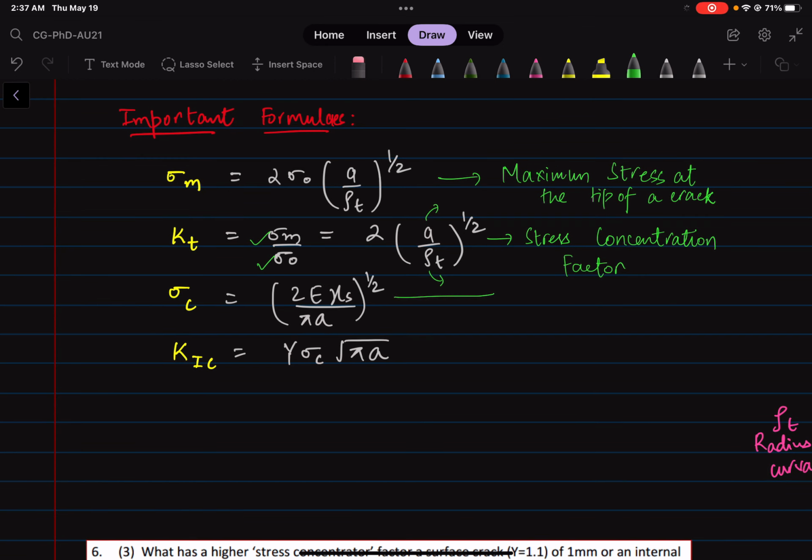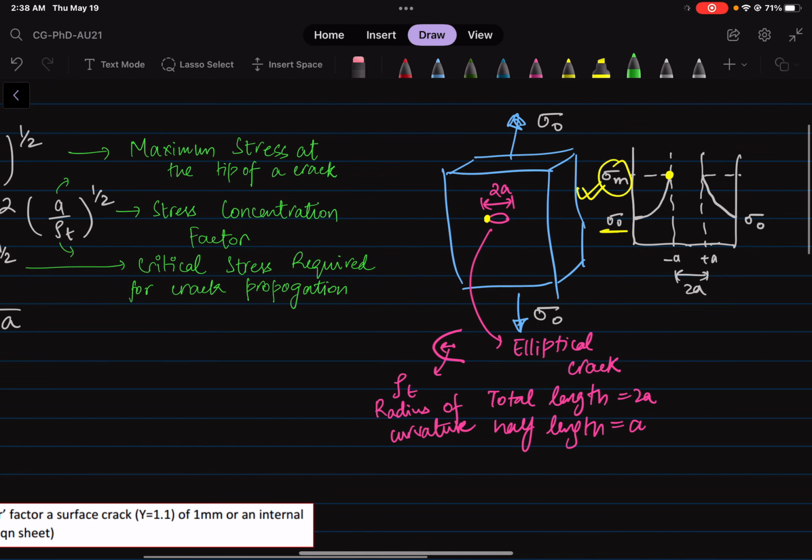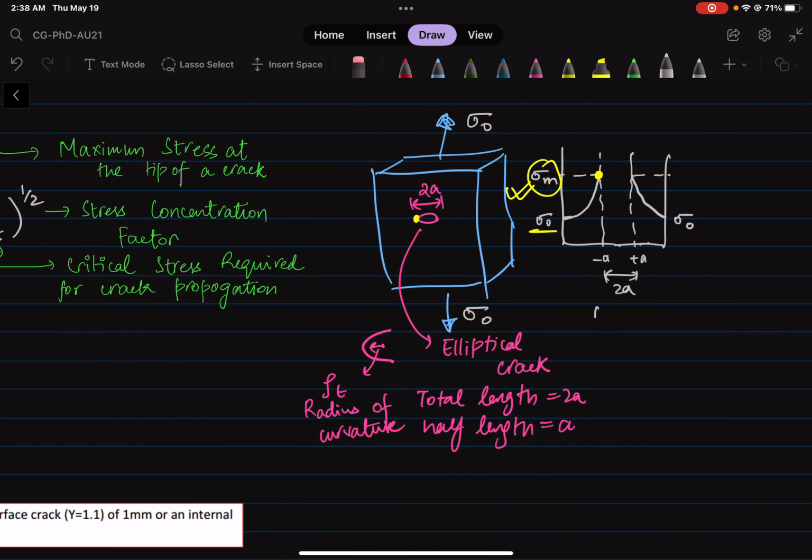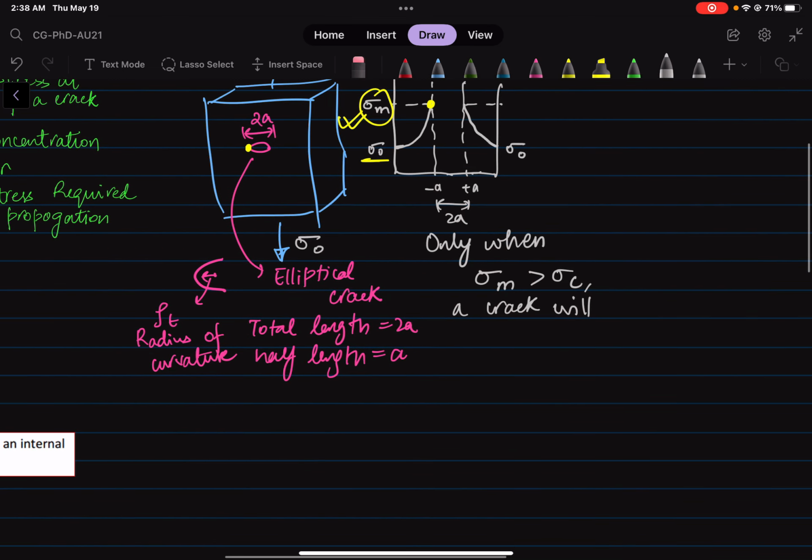Now sigma c over here corresponds to the critical stress required for crack propagation. Meaning that only when your sigma m is greater than sigma c, a crack will propagate.